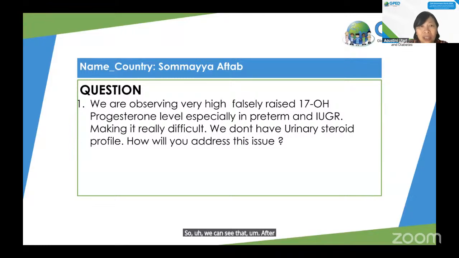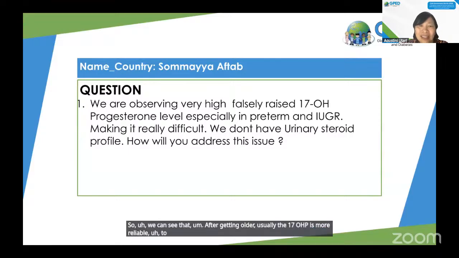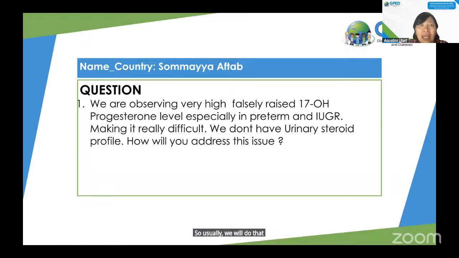After getting older, usually the 17-OHP is more reliable to measure the steroid profile. So usually we will do that. And we can also check the 21-deoxycortisol if possible.